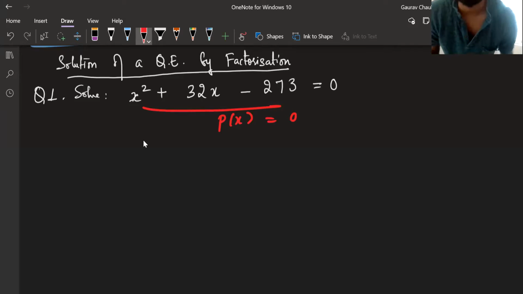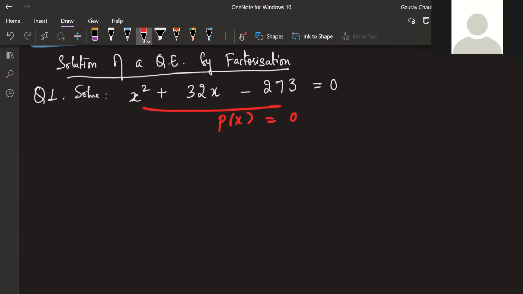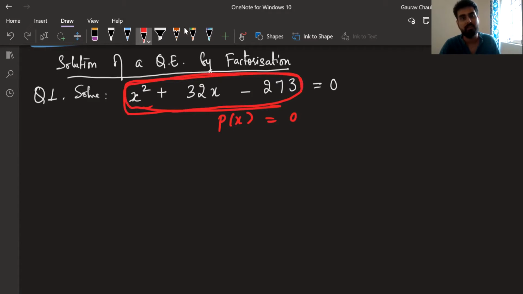Guys, can you hear me? Yes, sir. This is one polynomial. It is an algebraic expression having a variable. It's a quadratic polynomial, square is there. So some polynomial equal to 0. This is an equation.